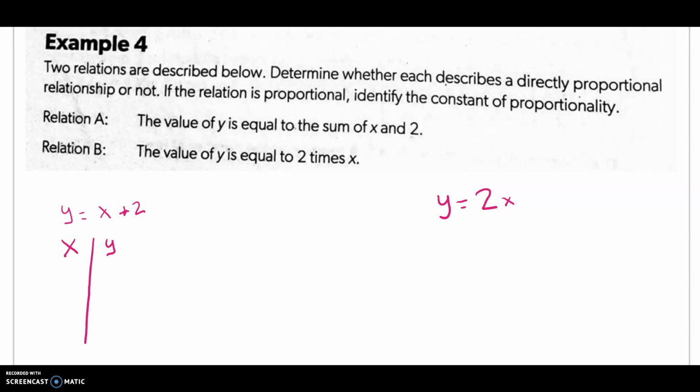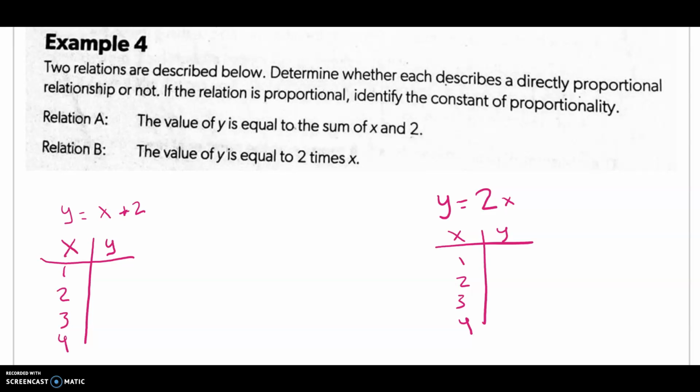So if we have an xy table, we can make up values of x. So let's pick 1, 2, 3, and 4. Same for this one. And now we're just going to substitute x for the values that we've picked. So our first one, we have x plus 2.